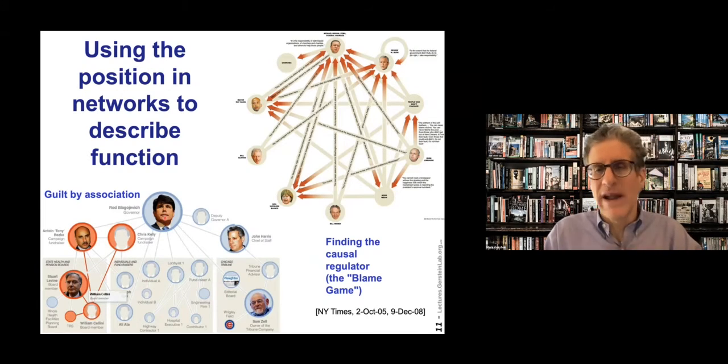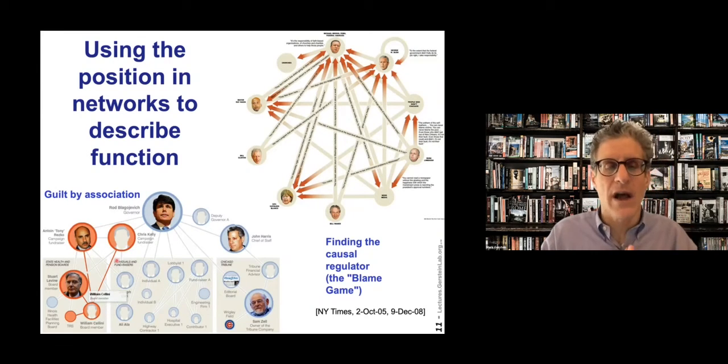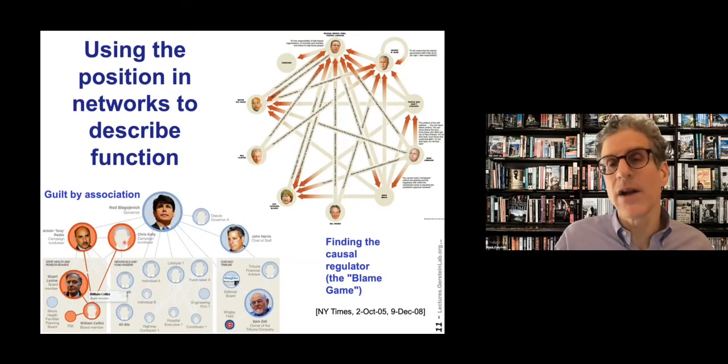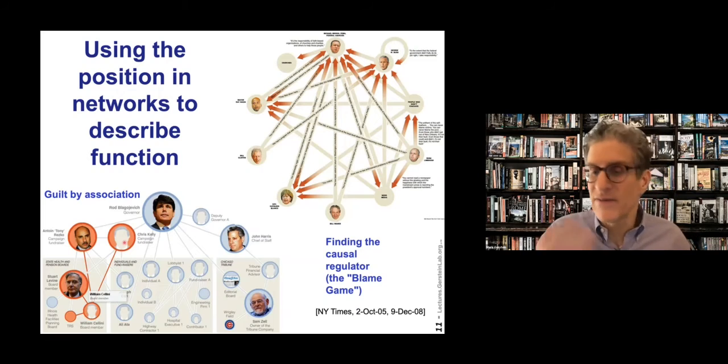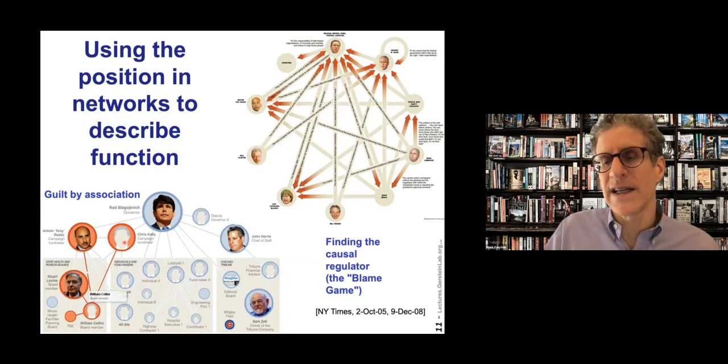Again, we have easy intuition for this in a social context. In a biological context, of course, this is a way we would assign function to things. So we might make a network of genes, color them a certain color and say, oh, this gene here or that gene here maybe is somehow related to this red color because it's connected to it. Completely obvious. And again, I think our intuition from a social context helps us here.